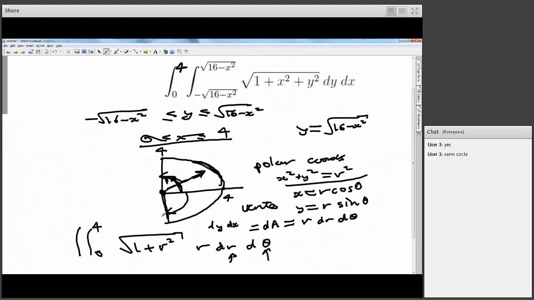So Naomi, any ideas what the limits for theta might be? You can say no, that's okay. Yep, so the largest it gets is pi on 2, and the smallest it gets would be minus pi on 2.